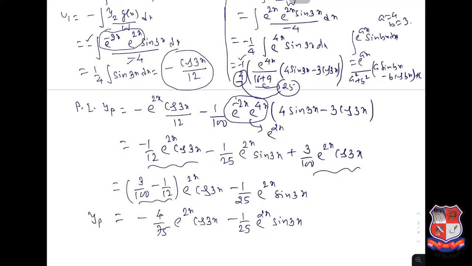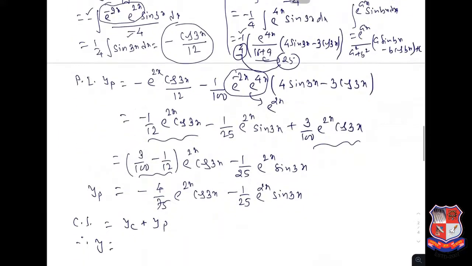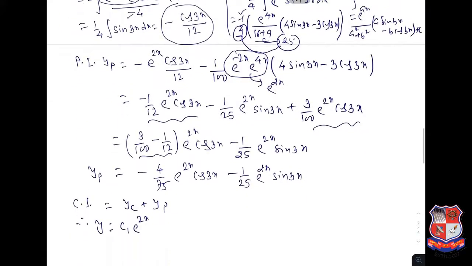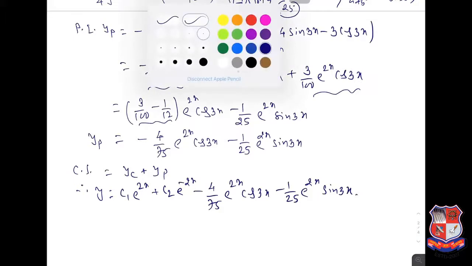So this is a particular integral, and so the complete solution is equal to complementary function plus particular integral, and therefore y equal to c1 e power 2x plus c2 e power minus 2x, then minus 4/75 e power 2x cosine 3x minus 1/25 e power 2x sine 3x.